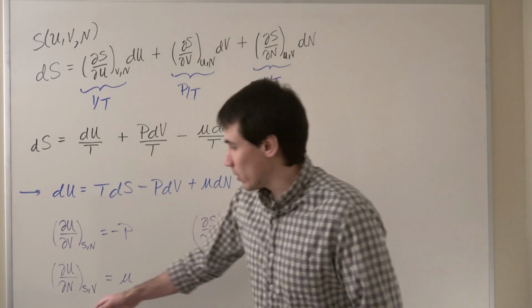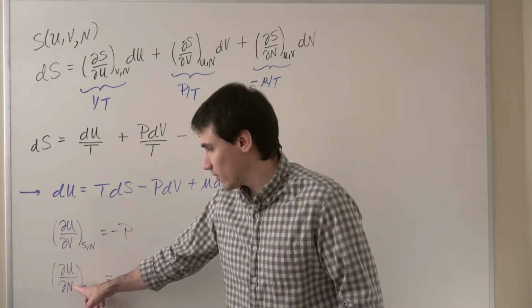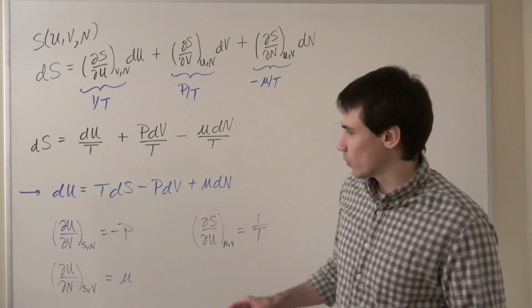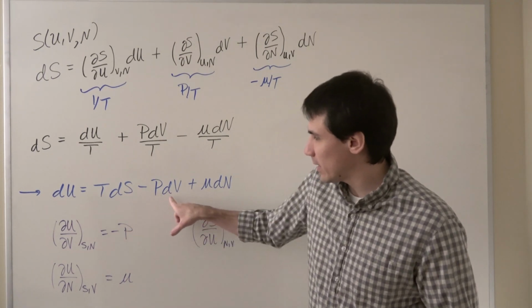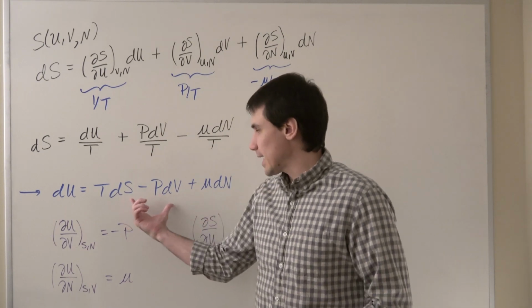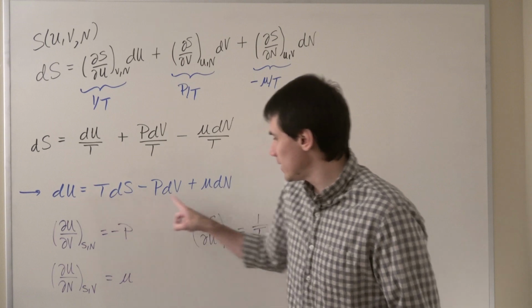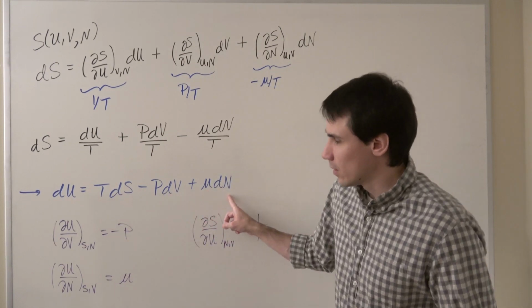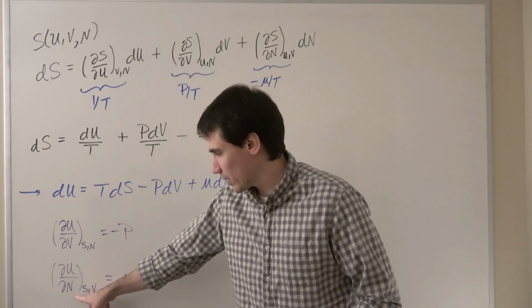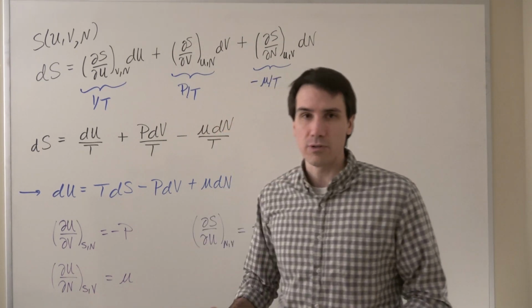For example, we could also find a relationship between the energy and the number of particles. So if we hold the entropy and the volume constant, then dS and dV are both 0, and solving dU equals mu dN, we get that partial U partial N equals mu, where we hold the entropy and the volume constant.